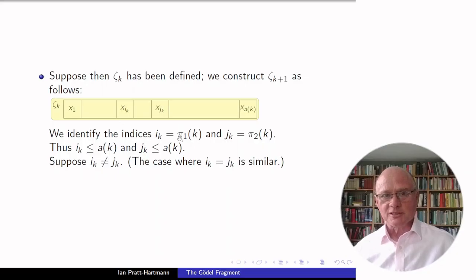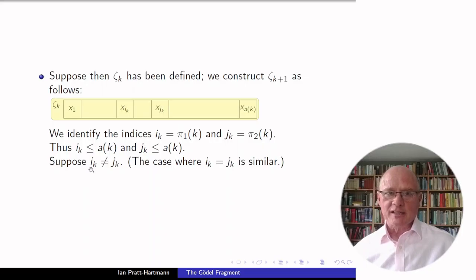To avoid writing lots of functions which are hard to say, I'll just call these indices ik and jk, and we identify them. They'll definitely be indices within the required range. In fact, they'll be less than or equal to k, and so certainly within the required range of between 1 and ak.